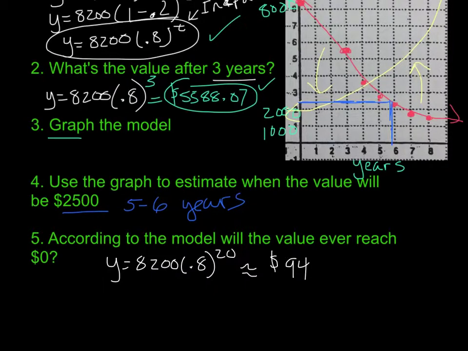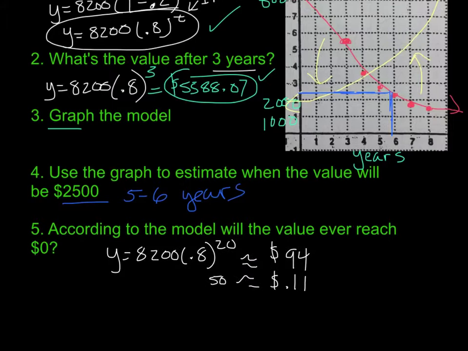Okay, and some change. How about 50 years? I wonder if it's worth 0 after 50 years. So I'll enter a 50 in my calculator. Boy, after 50 years, it's not worth a lot. I get 11 cents. So it's getting less as we keep decreasing here.